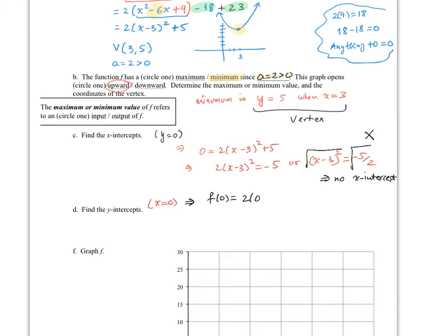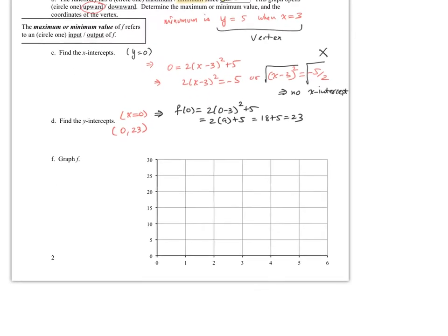So it will be 2 times (0 minus 3) squared plus 5. So this will be 2 times 9 plus 5, which equals 18 plus 5, which is 23. So therefore the y-intercept will be the point x equals 0 and y equals 23.